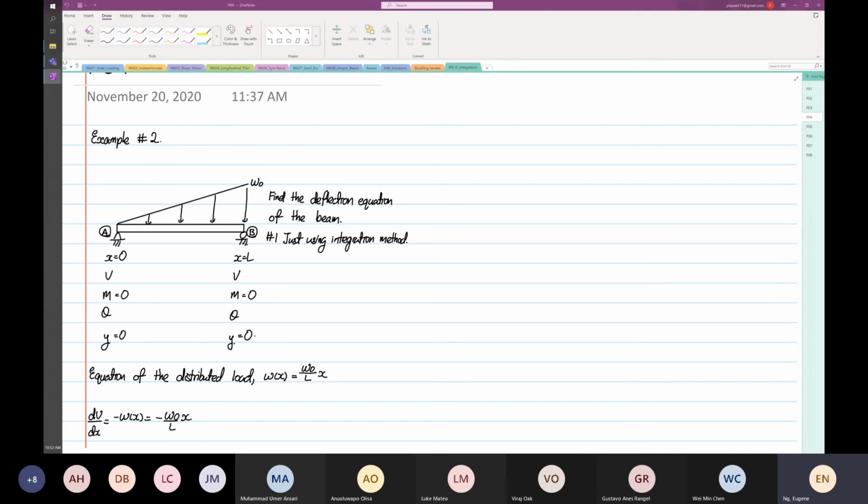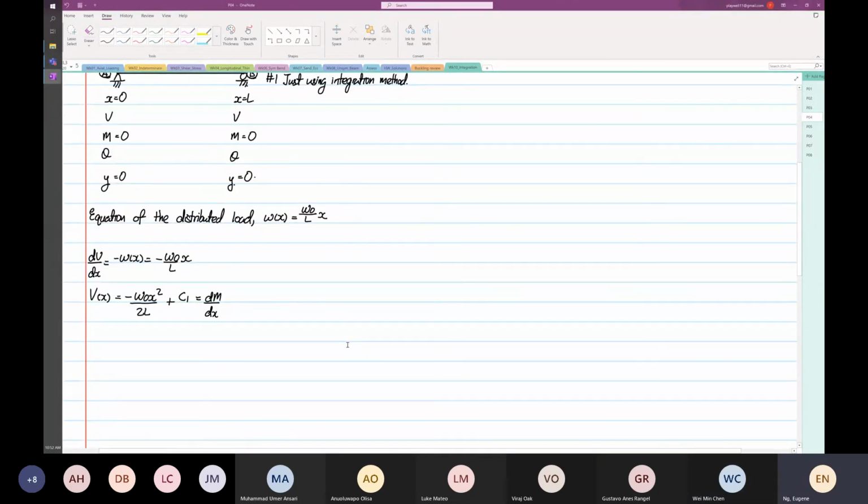So V as a function of x is equal to minus omega naught x squared over 2L plus C1. This is equal to dM by dx, and this is our equation number 1.